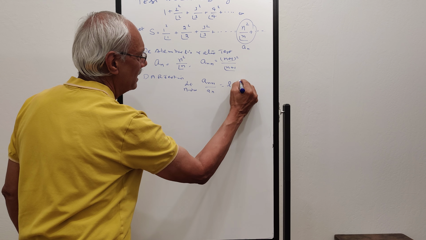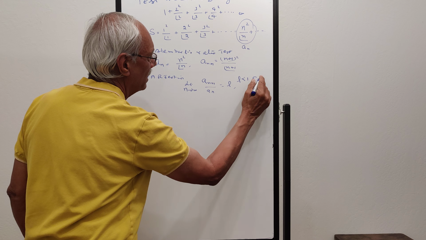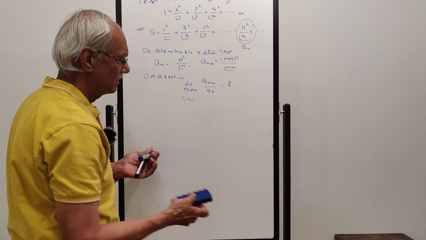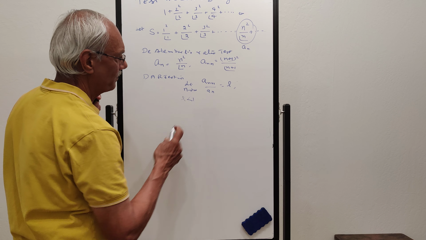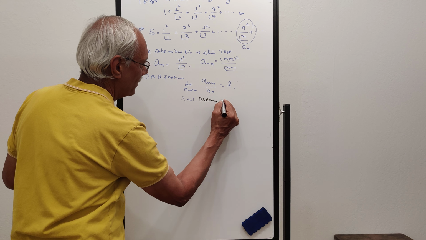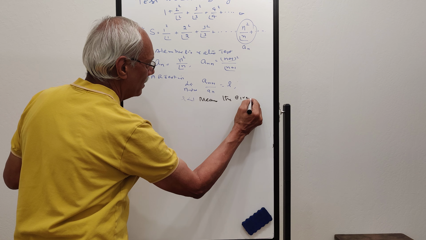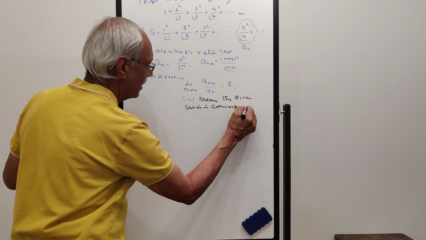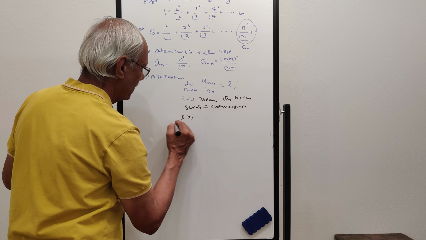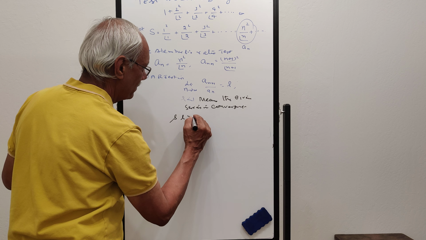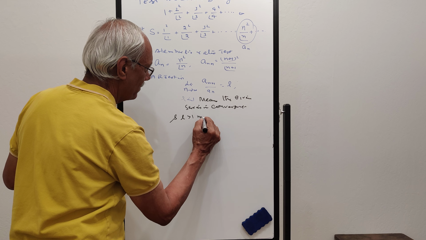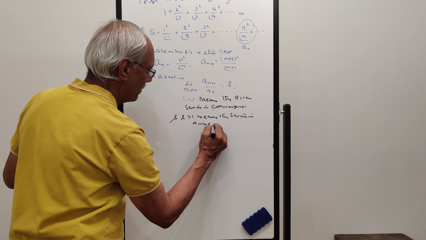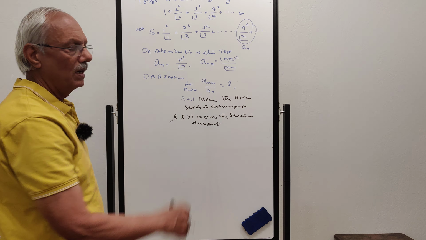If it is equal to L less than 1, L less than 1 means convergence. So this is your D'Alembert's ratio test.